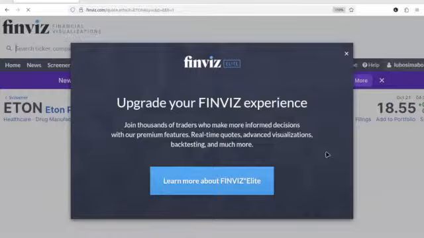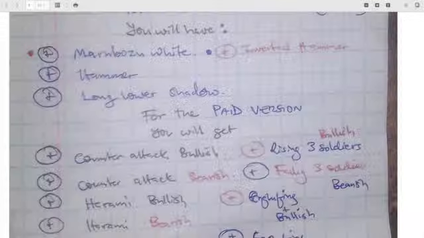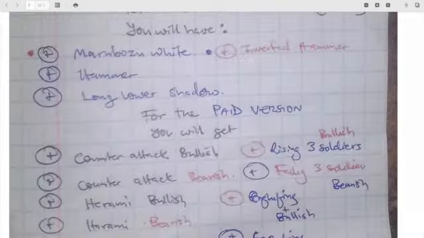The reason why you have to get this elite account is so that you can have the ability to do the strategy. The strategy is very easy, as you can see here. You have all these candlestick patterns if you get the Finviz account.